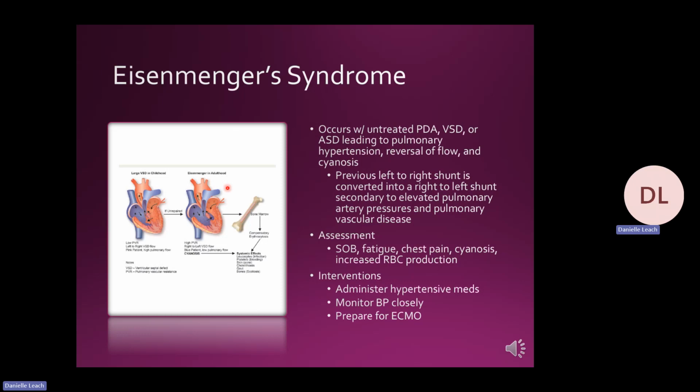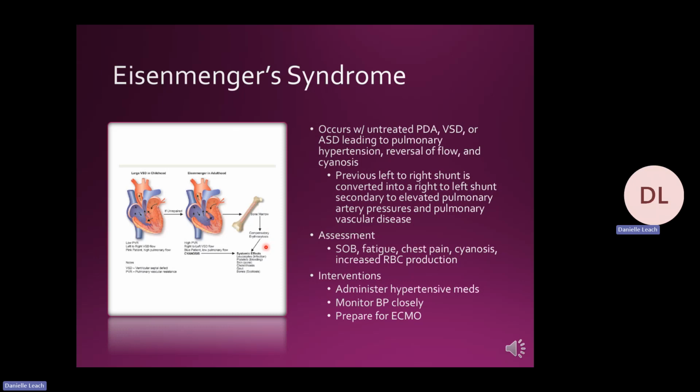They could actually have chest pain. They can have cyanosis. And the body is going to think that they don't have enough RBCs because they're not getting enough oxygen to their tissues. We can have some compensatory mechanisms, like the bone marrow being signaled to make more RBCs. This can then lead to some of these other problems down here.